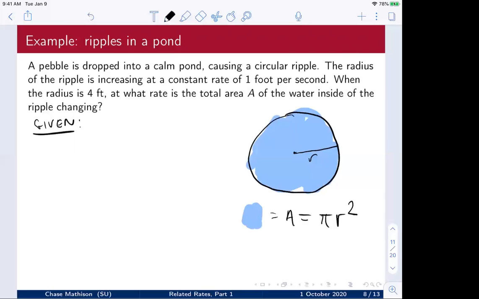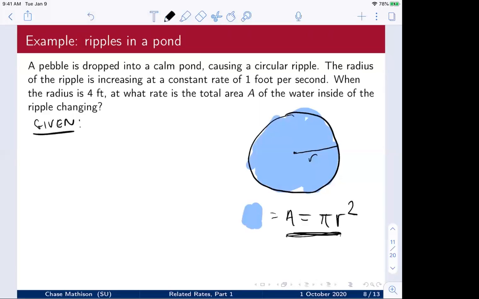But that is a good thought, and it is good to know multiple equations that might come into play. But for this one, we want to relate the area and the radius, right? And we've actually already done that right here. Because we want to find out how fast the area is changing if we know how fast the radius is changing.